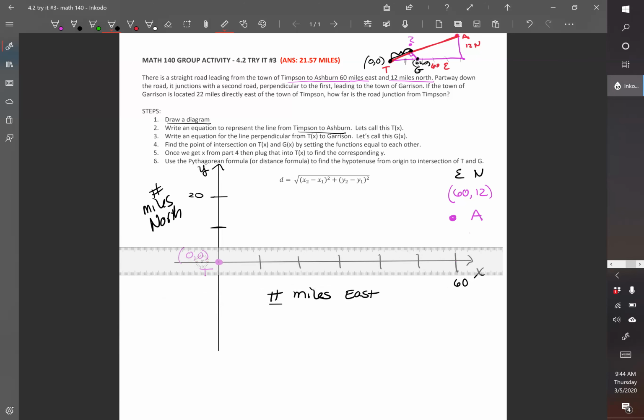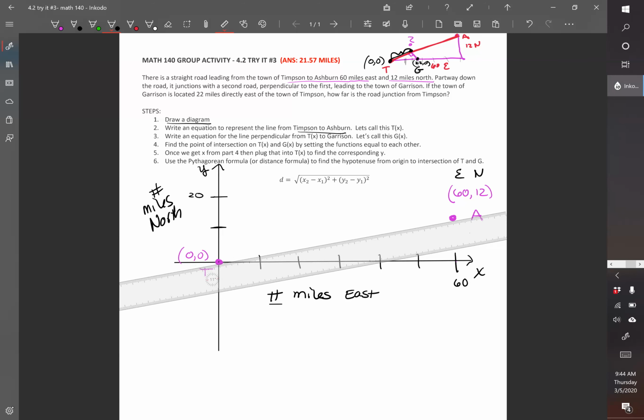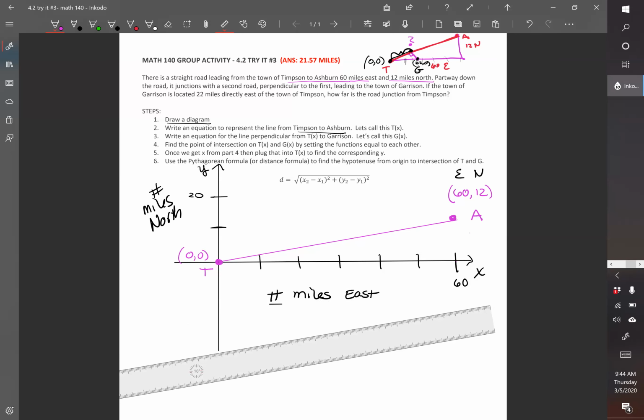It's a little tricky for me on the surface, but here we go. And then we're going to go ahead and make that connect. So that's our line that we have to find the first equation for. So we're going to go ahead and find that line, and we're going to call that T of X.